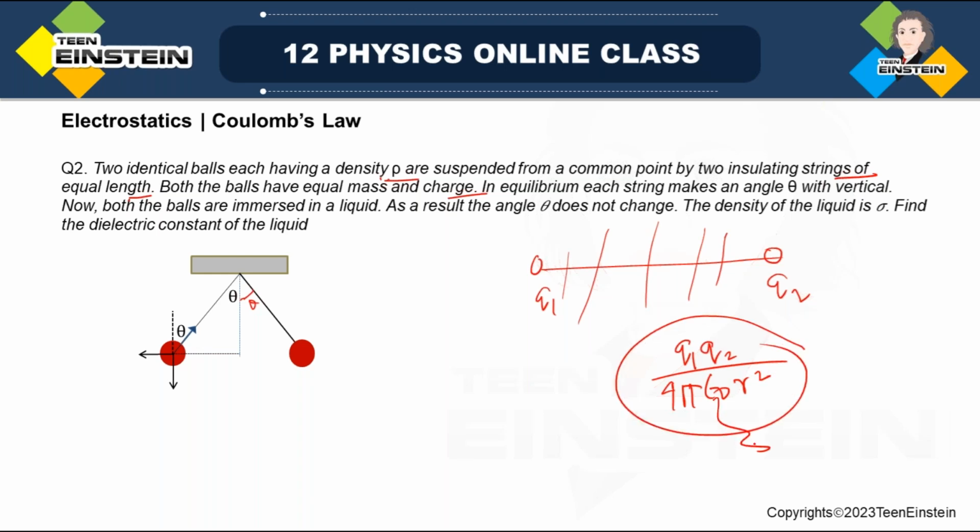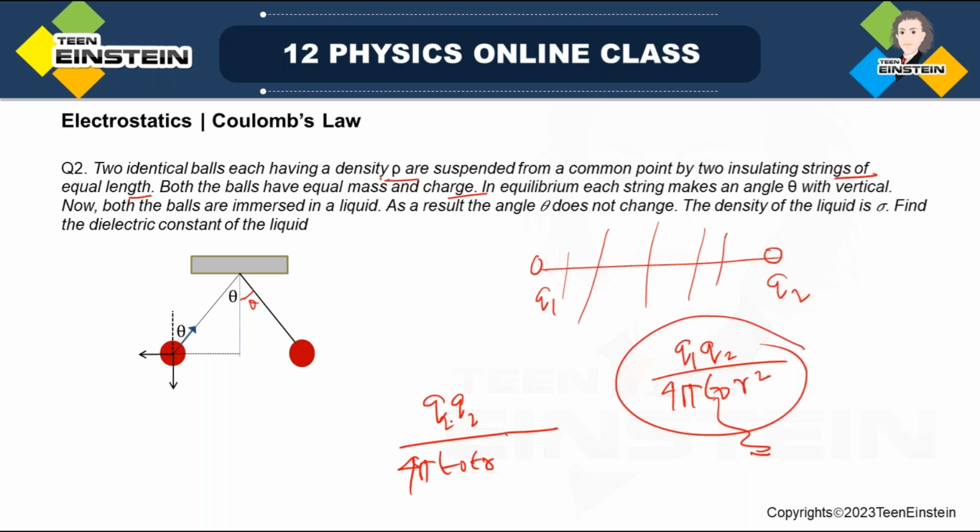This epsilon naught represents air or vacuum. Now if the whole system, these two charges, is immersed in water or some other liquid, how does this change? As I discussed yesterday, it is not epsilon 0, it is epsilon, which means epsilon 0 into epsilon r.